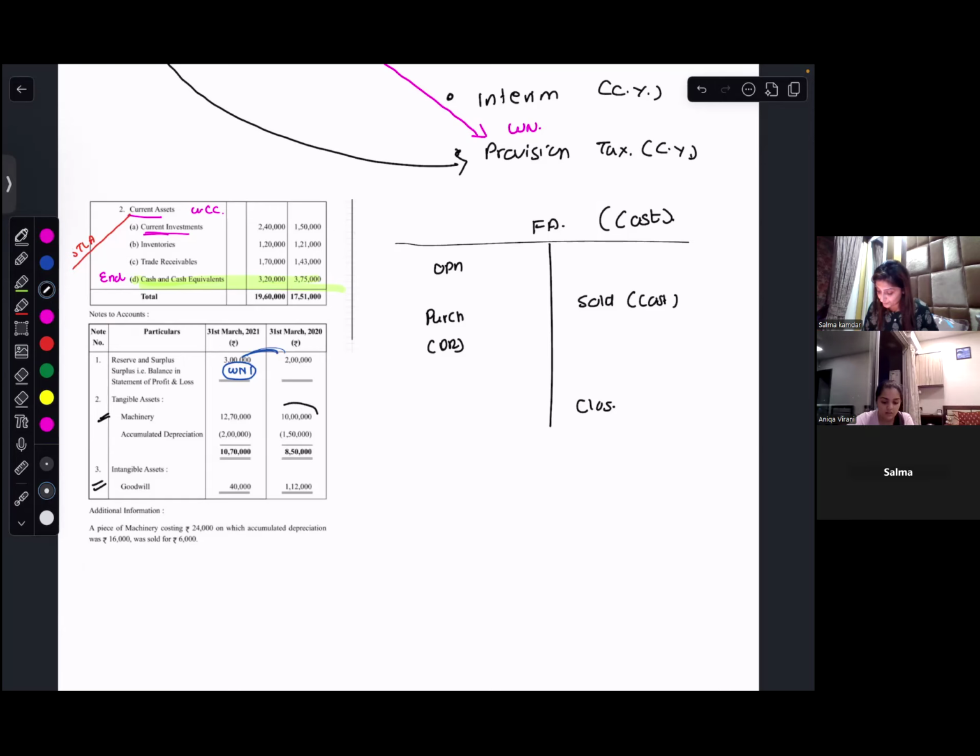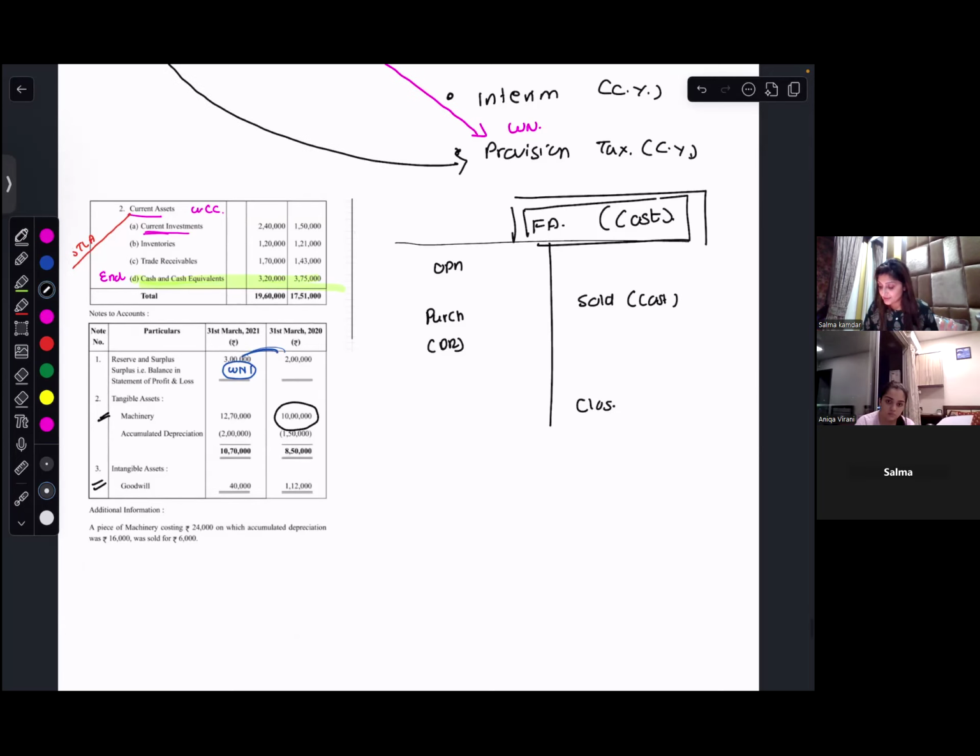Your tangible assets opening balance 850,000 would come on the debit side. Now, be very careful. You're making your asset account at cost, so take into consideration cost.